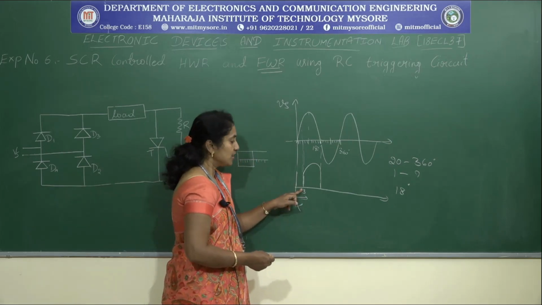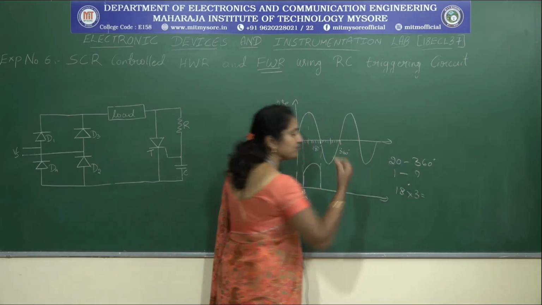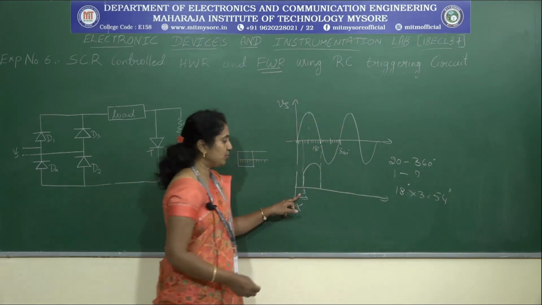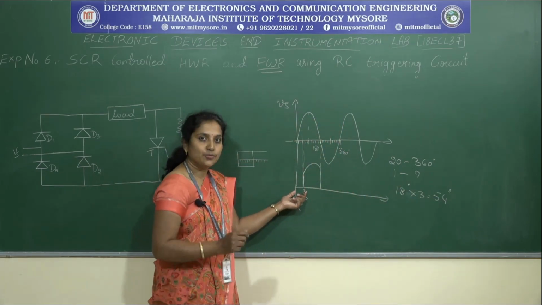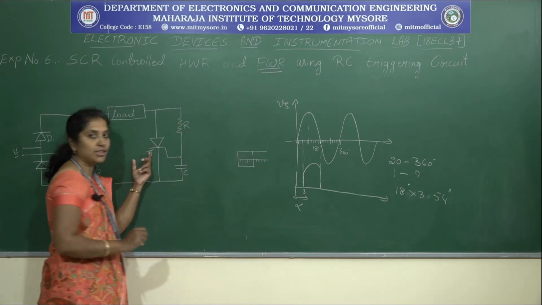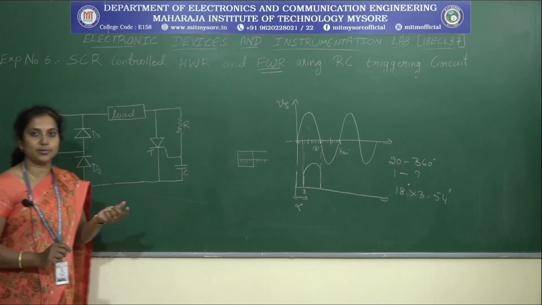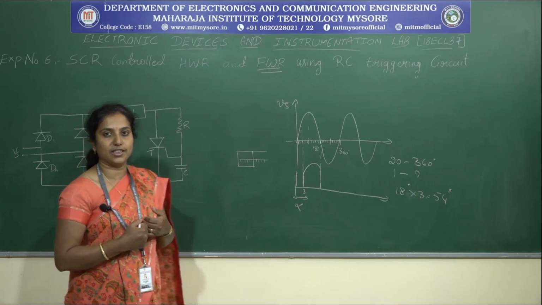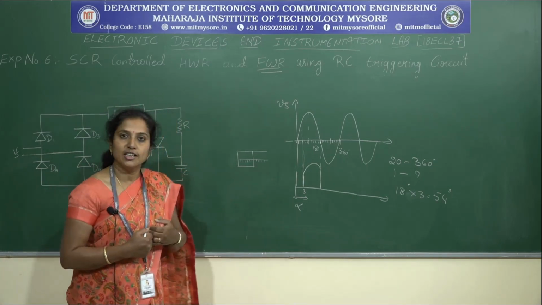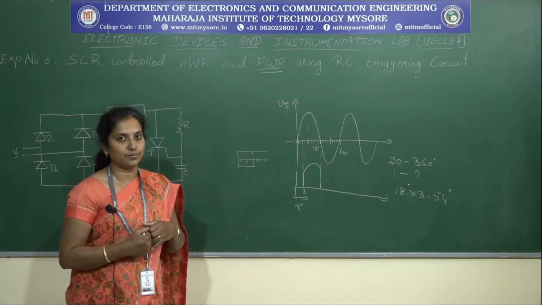Now 3 divisions, how much? 18 into 3 is equal to 54 degrees. So your firing angle is 54 degrees. I hope now you have understood the concept of half wave and full wave rectifier. We will go to the lab experiment: how the connection has to be done, how the circuit works, and how you can find out the firing angle of an SCR in half wave and full wave rectifier mode.